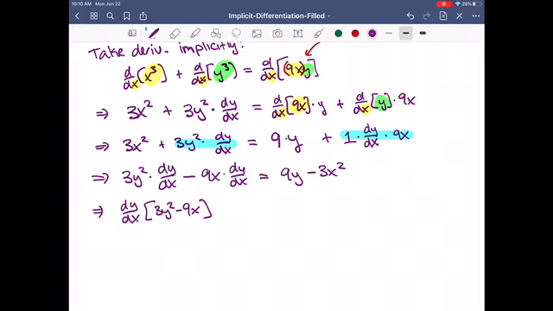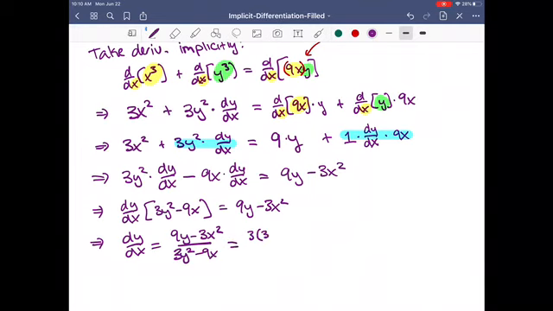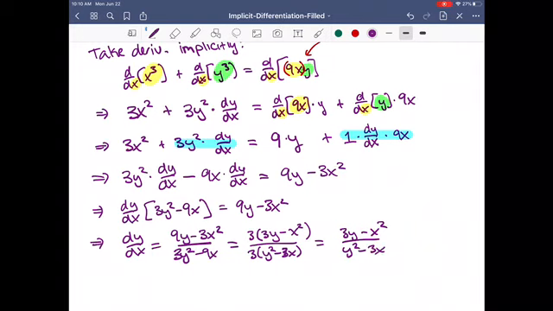So I have 3y squared minus 9x equals 9y minus 3x squared, which means my dy dx is going to be 9y minus 3x squared over 3y squared minus 9x, which I could factor out a 3 from everything to make things a bit nicer. So I get that my derivative is 3y minus x squared over y squared minus 3x.